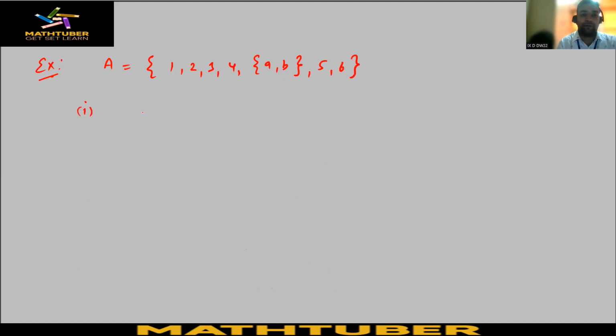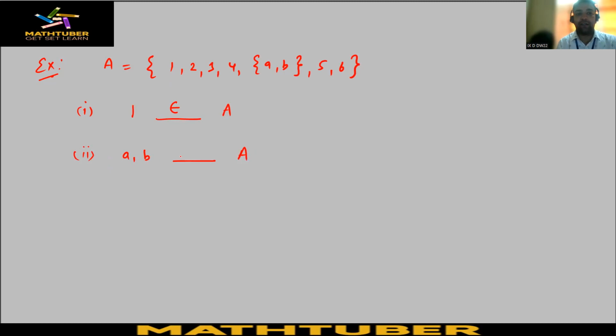So there will be a few parts here whether these elements belong to this set or not. So if someone asks you that 1 will belong to A or not, so if 1 is an element here, so yes, it will belong to this set.